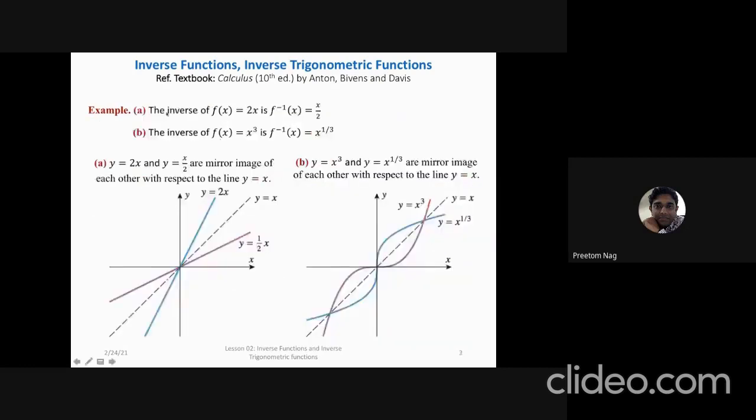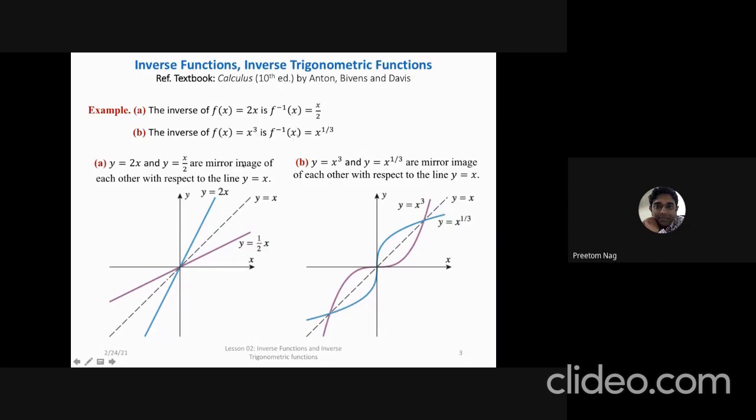We have some more examples here. The inverse of f of x equal to 2x is f inverse of x equal to x by 2. If you are asked to check whether two functions are inverse or not, take f and f inverse composition, and you will see that the composition produces x only.